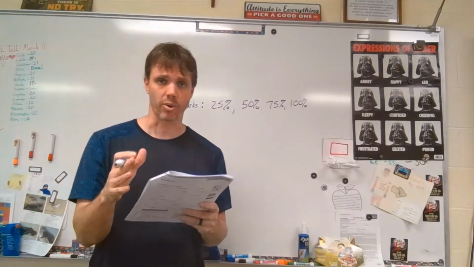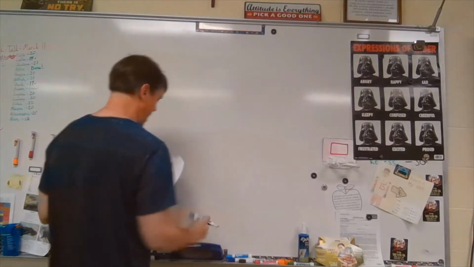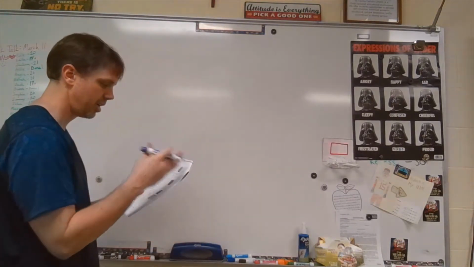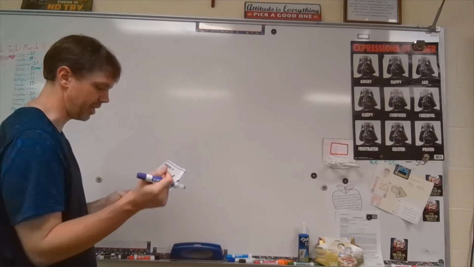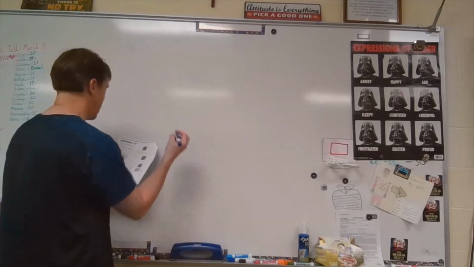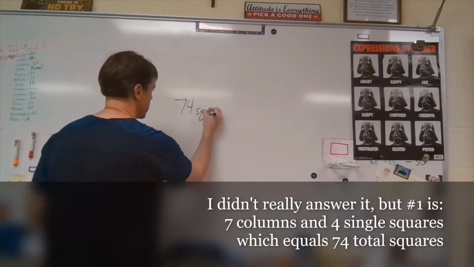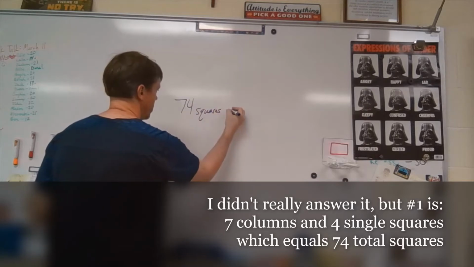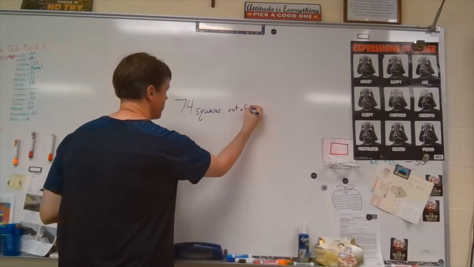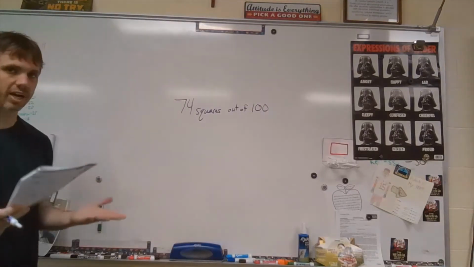There are 100 total boxes, right? It's 10 columns and 10 in each column, or 10 rows and 10 in each row. So we have 74 squares out of 100.